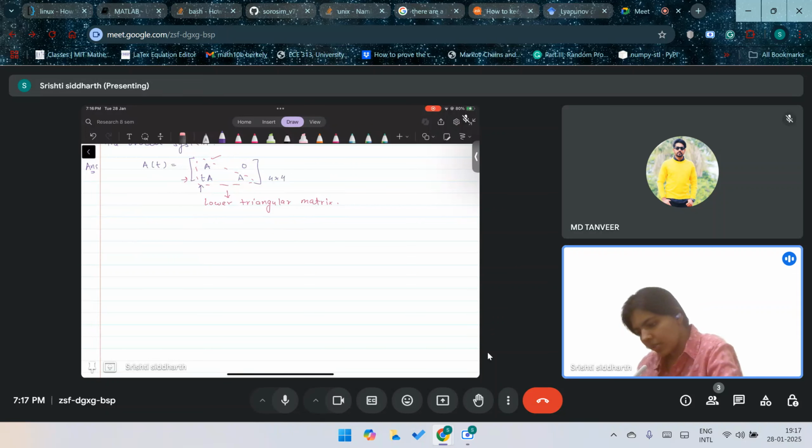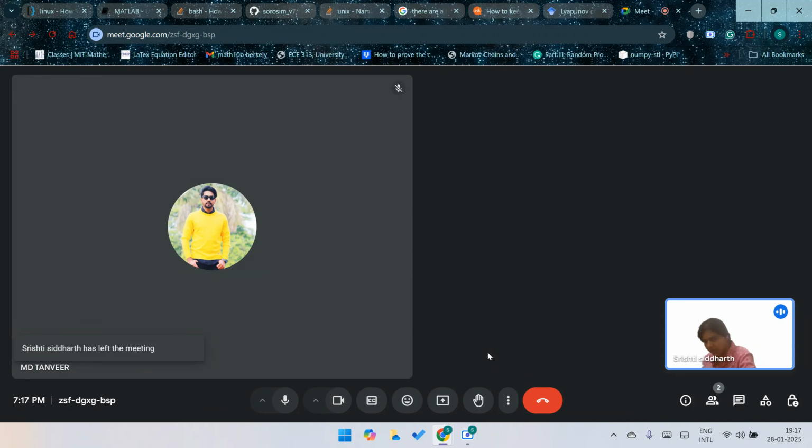So x1(t) is simply e to the power At, so we don't have to know what A is here, times x1 at time 0. We know that this is z1. Let's say that this is equation 1. Now we need to find out what x2 dot is. So x2 dot is simply tA times x1(t) plus A times x2.